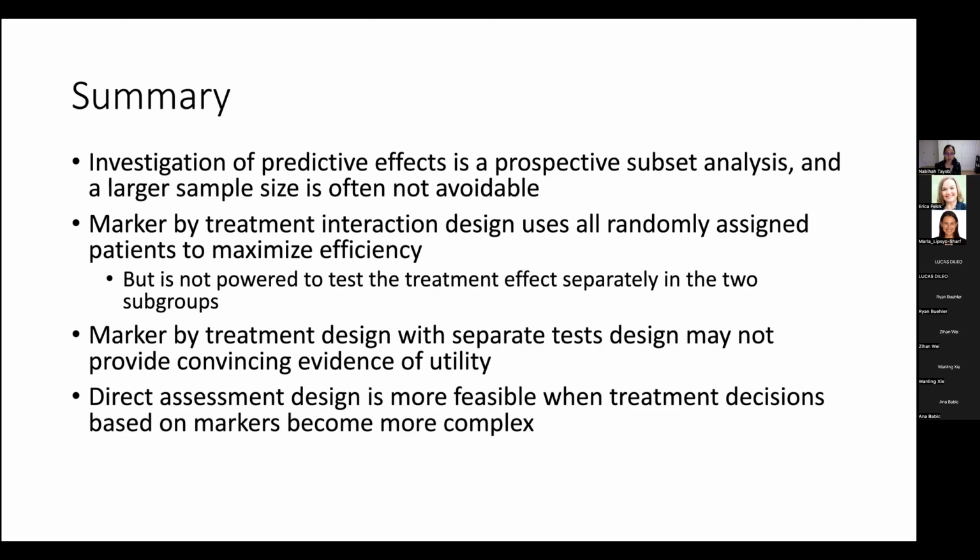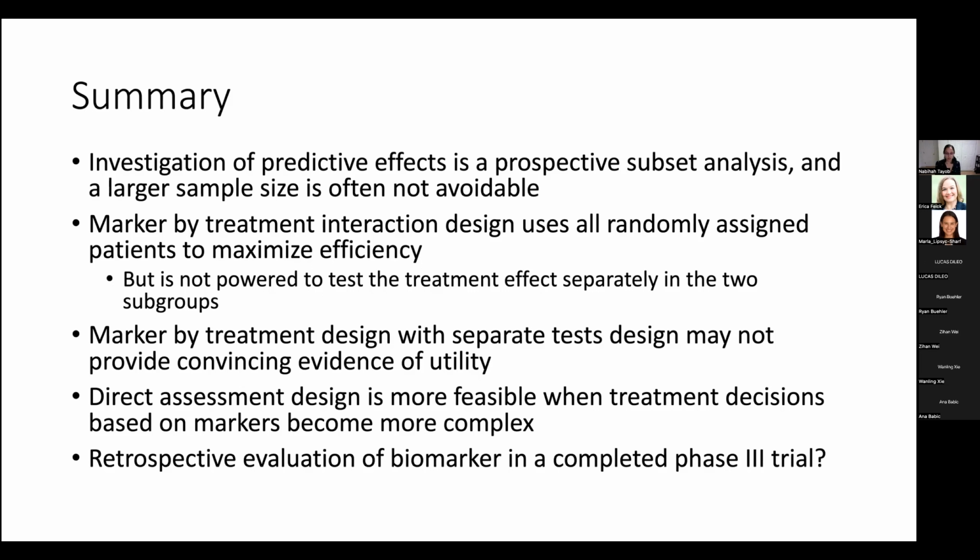Marker by treatment designs are not going to be feasible in that context. So then it potentially becomes much more feasible to compare a marker-based strategy for designing treatment effect to a non-marker-based strategy. That's just the caveat of that.